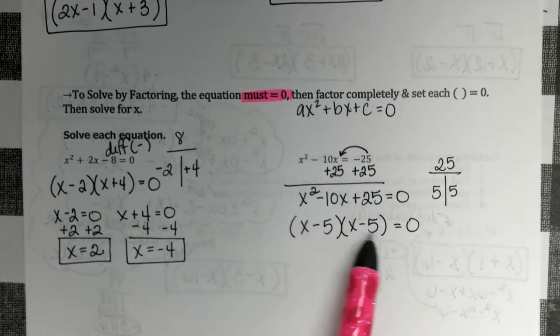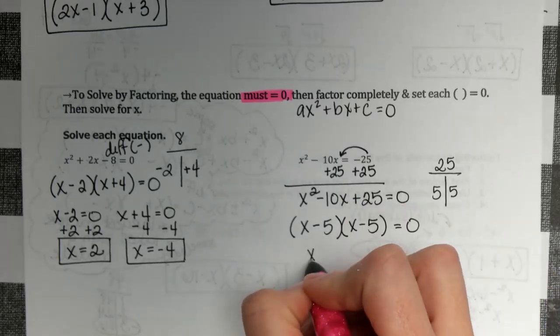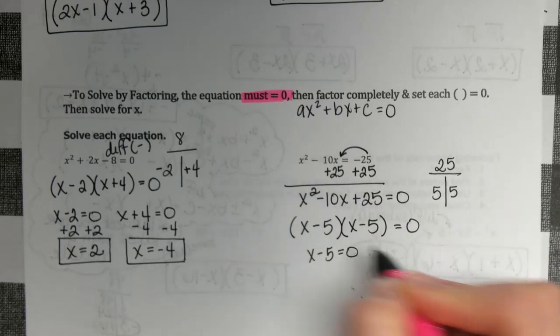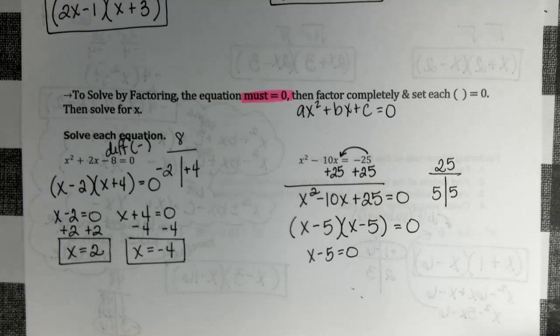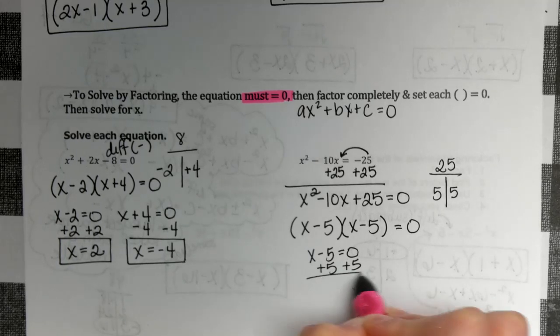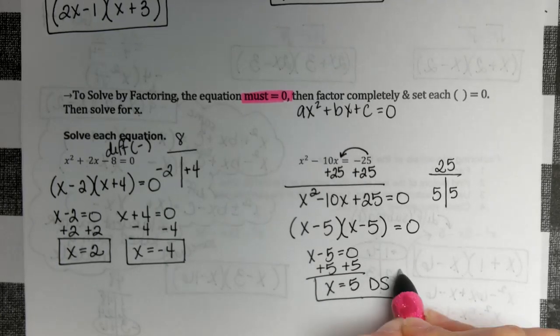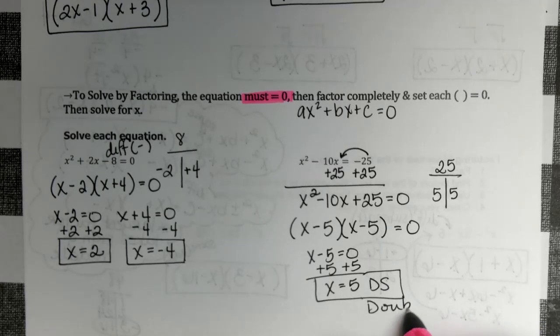Notice they're the same thing. If they're the same thing, if you want to solve it once, that's fine, but you're going to have to tack on the notation that it's a double solution. If you don't think you'll remember that, solve it twice. Okay, so if you solve it once, you add your 5, x equals 5, and you just tack on a DS for double solution.